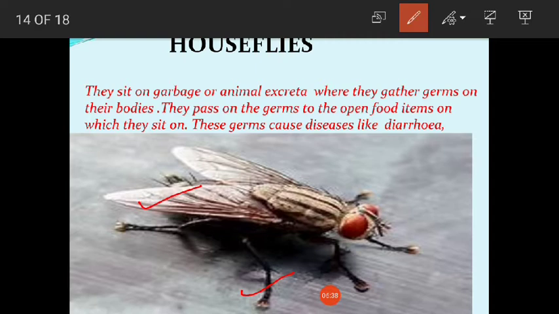And when we consume this food, we can get diseases like diarrhea, cholera.